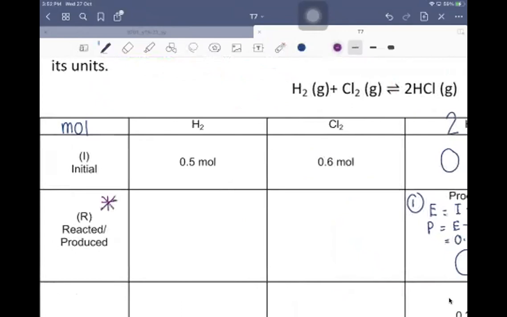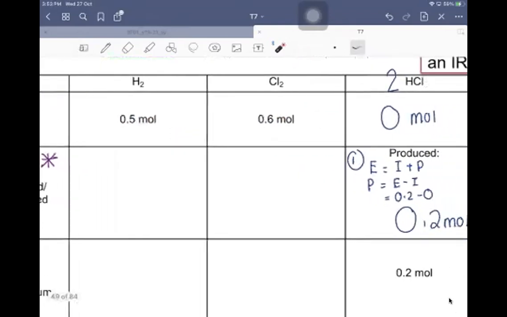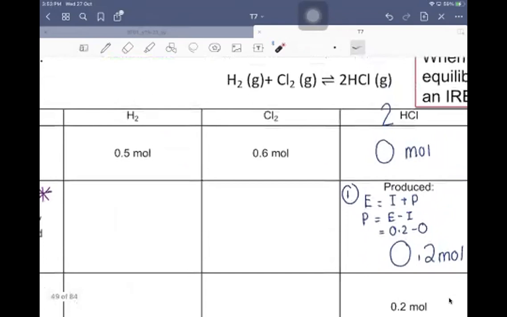I usually give it an asterisk because this is the only row that can use mole ratio. You cannot use it for initial. You see, initially 0.5 mole reacts with 0.6 mole, and that's not a 1-to-1 ratio. In a reaction, 1 hydrogen should react with 1 chlorine, right? So where am I going with this? Mole ratio. Step 2.